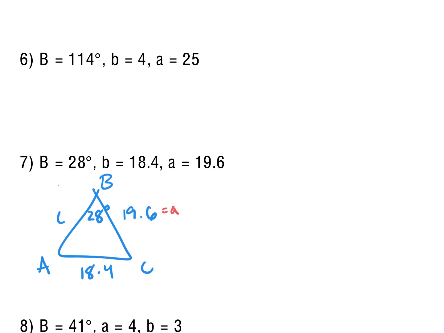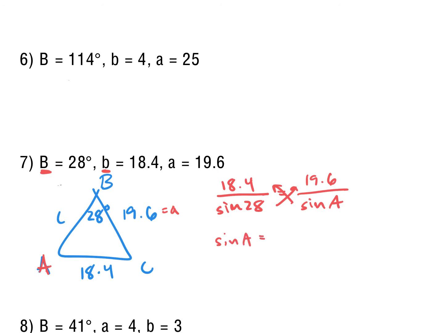Right, so I know that this is A. I'm missing angle A, so I have to find that one first. So I'm going to set up my proportion since I have the corresponding B's. I'm going to use those. So I have 18.4 over sine of 28 is equal to 19.6 over sine of A. Cross multiply and divide, so we get sine of A is equal to 19.6 times sine of 28 over 18.4.